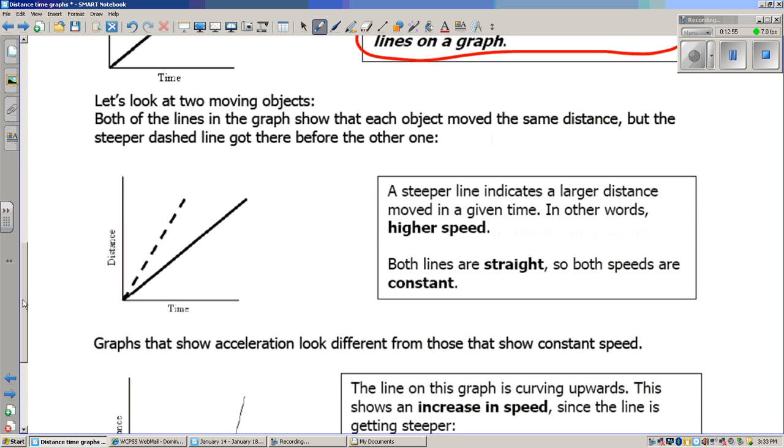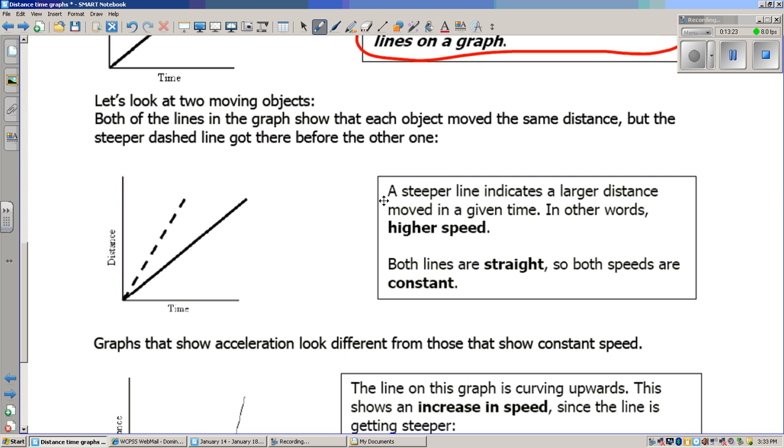All right, and then the next one says, let's say we're looking at two moving objects. We talked a little bit about this in the warm-up we just did. Both of the lines in this graph show that each object moved the same distance, but the steeper dashed line got there before the other one. All right, here's the dashed line. It's steeper, that means that it's moving more quickly.